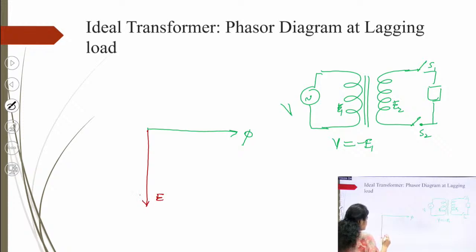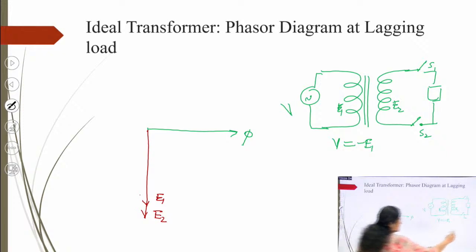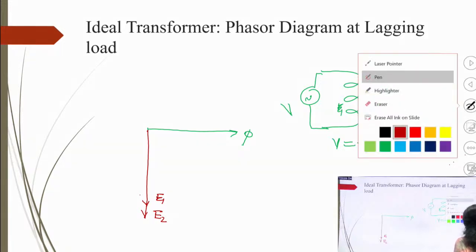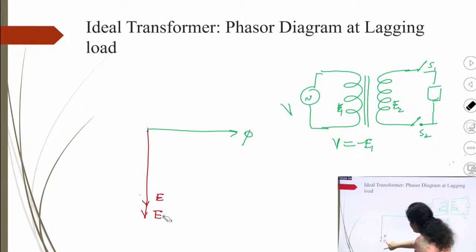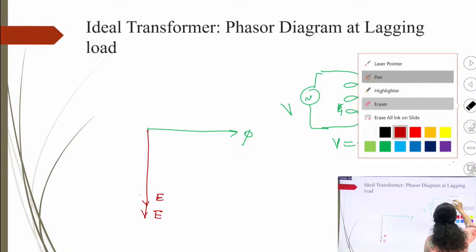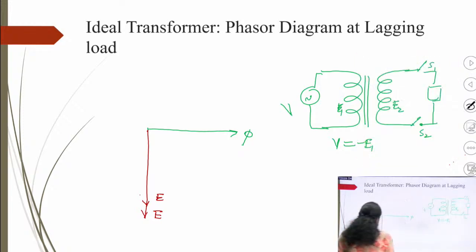The length of the phasor of E1 will depend upon the turns ratio, right? Now in this case I have taken N1 greater than N2, so this is E2 and this is E1.